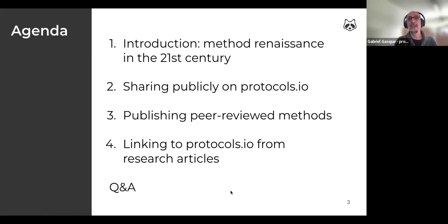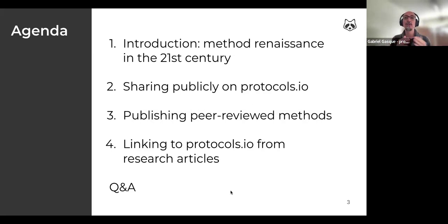So now with the housekeeping out of the way, we can start with today's agenda, which you should be able to see on the screen now. So we will talk a little bit about the history of reporting methods and of method development and optimization not getting the recognition as worthy of a standalone publication and not getting the credit that it deserves.